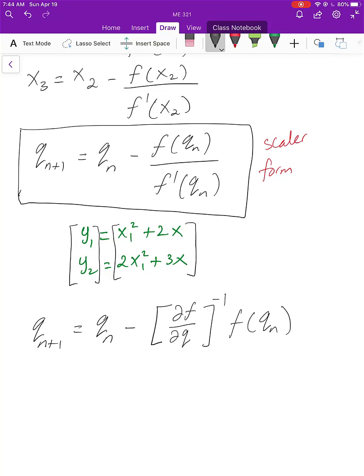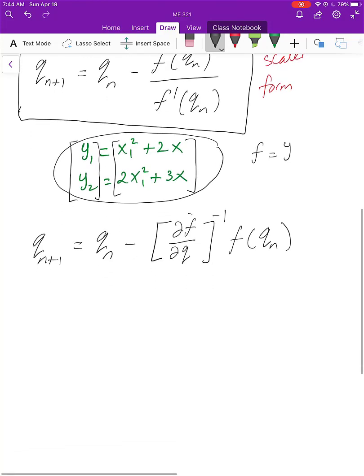In this case, our f here is equal to y, in this particular scenario. So what is the Jacobian matrix?